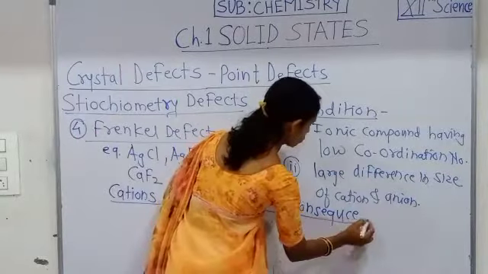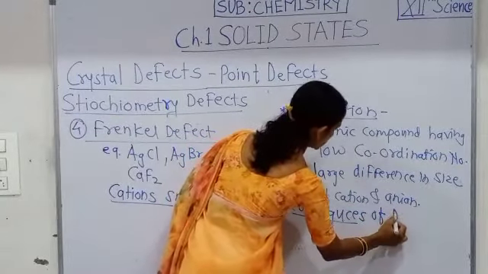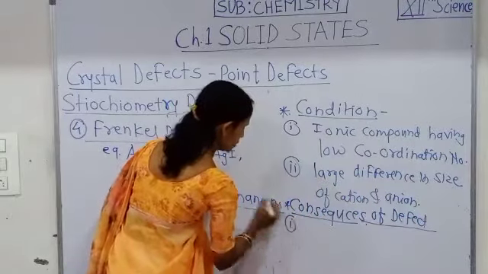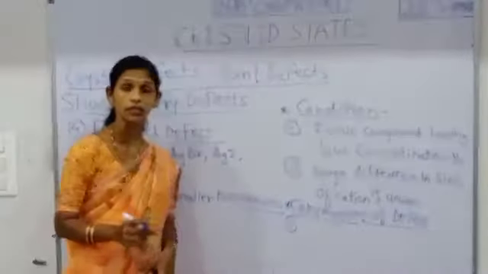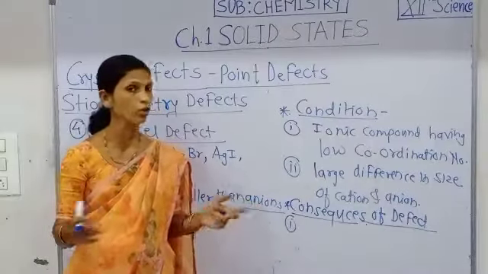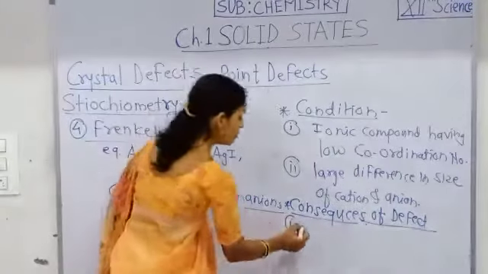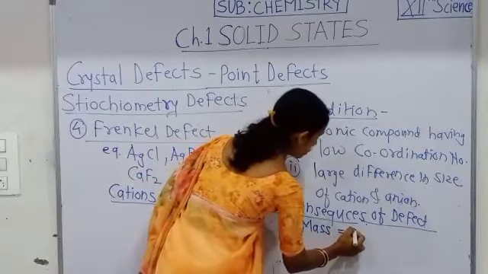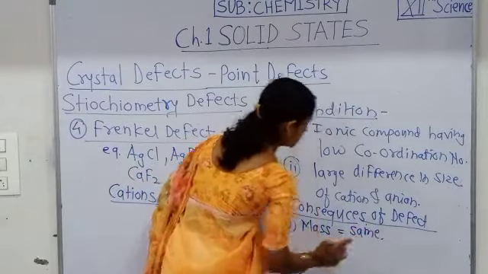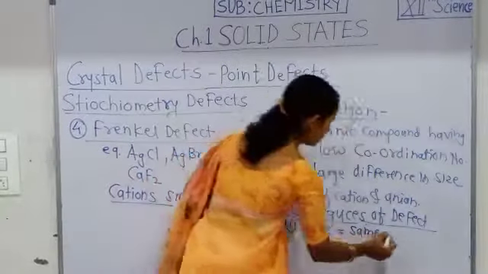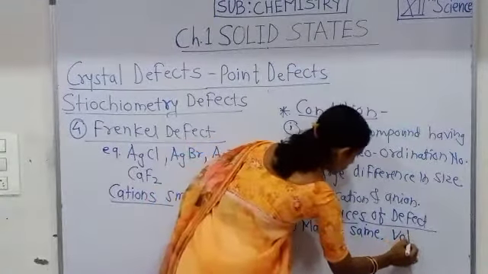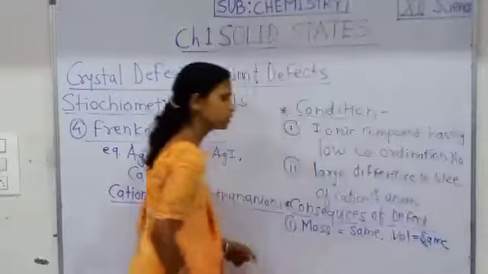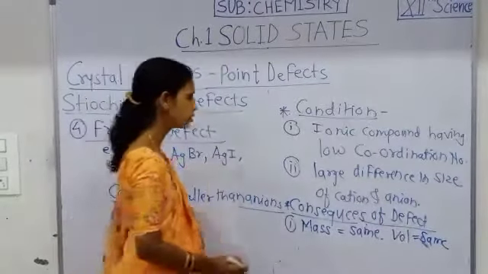Then we will discuss the consequences of Frenkel defect. First, as there is no loss of cation or anion, the mass of the ionic compound remains the same, it does not decrease or increase. The volume of the crystalline substance also remains the same.